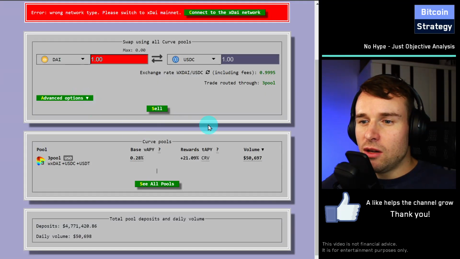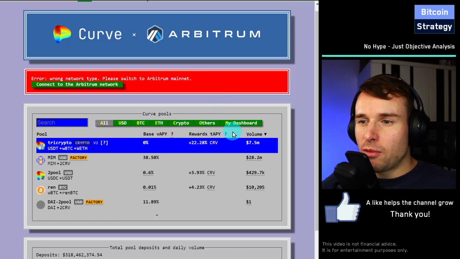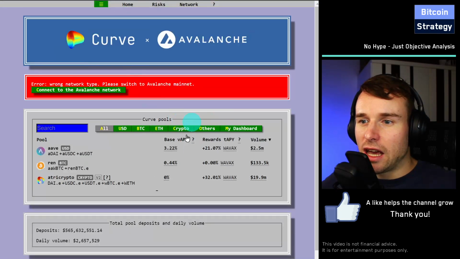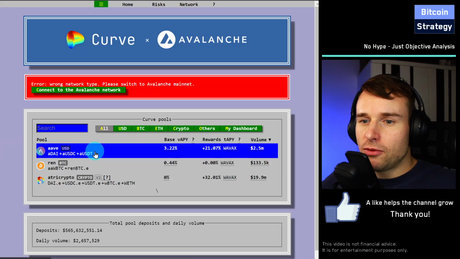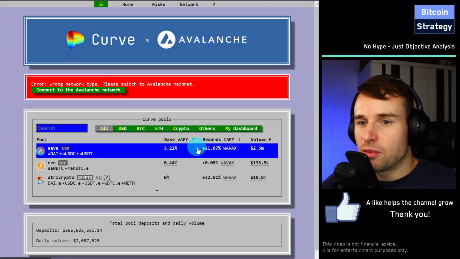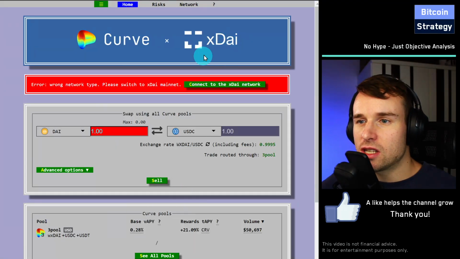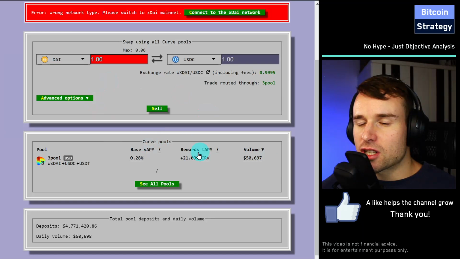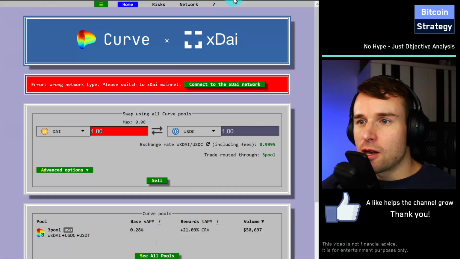So if you ask me what's the better pool, I'd probably prefer the payout in AVAX. Same risk profile, stablecoin plus Tether, 21% return here, 21 plus 3% here. So I wouldn't see the reason why you would take the DAI blockchain over here, why you would take this pool. So that's why I think we can eliminate this.